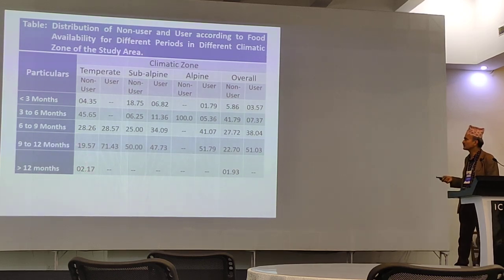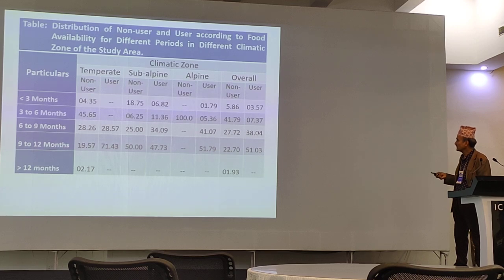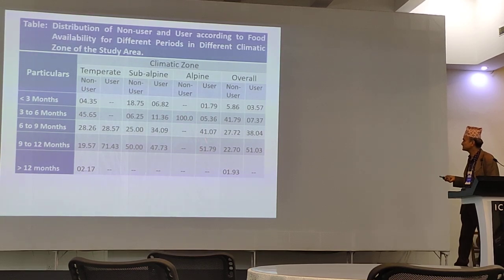This is the percentage of people having food availability. In alpine, non-users are having only 6 months of food. Others are distributed like this.